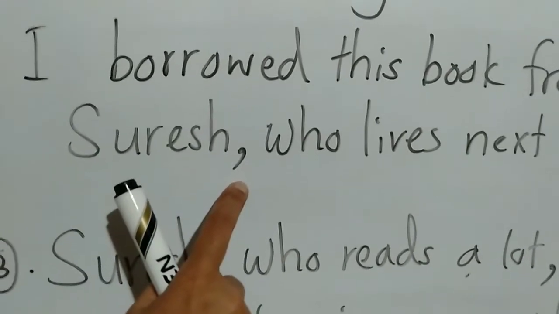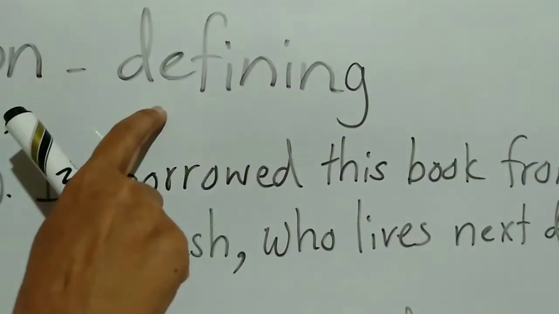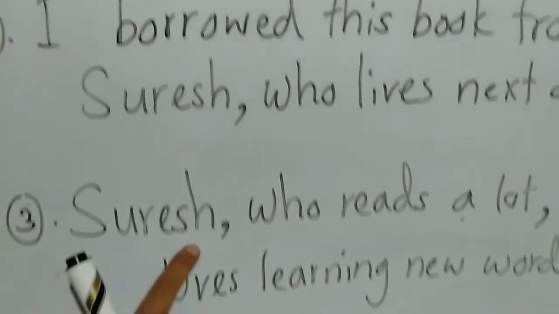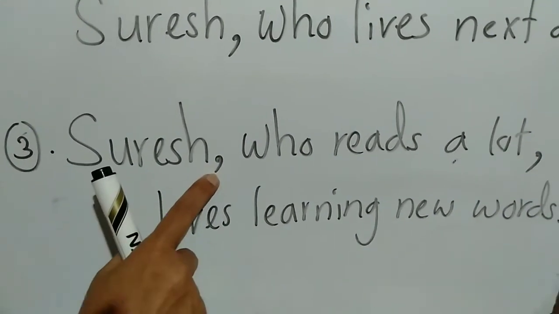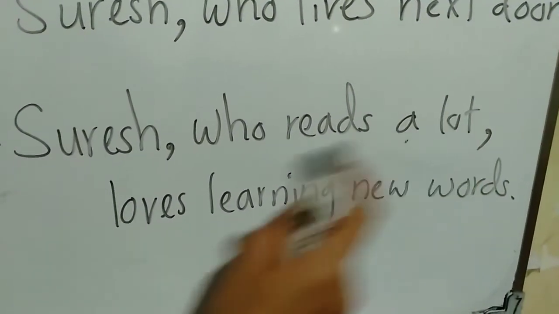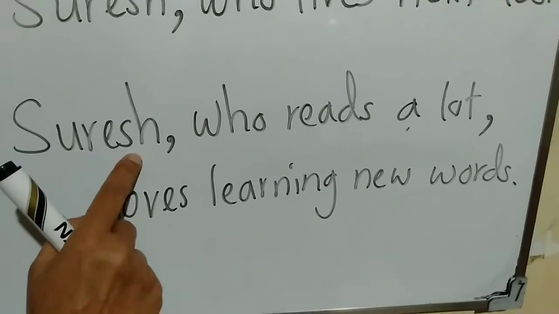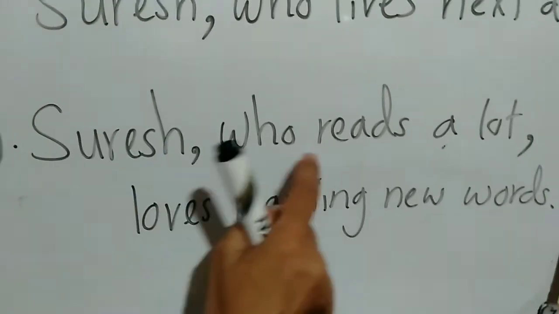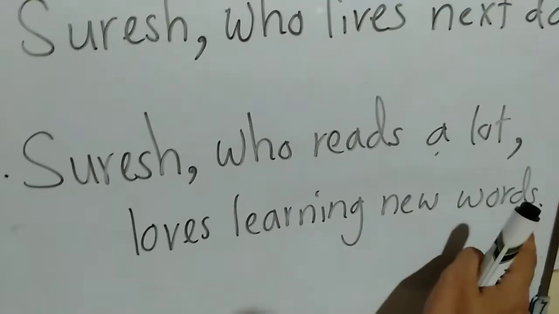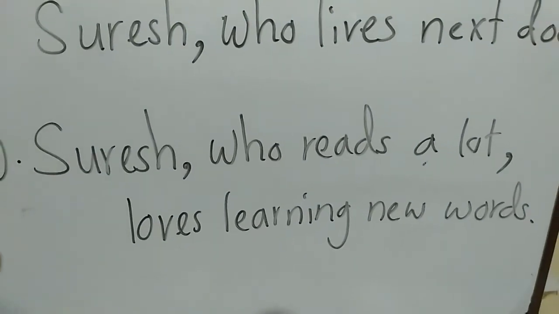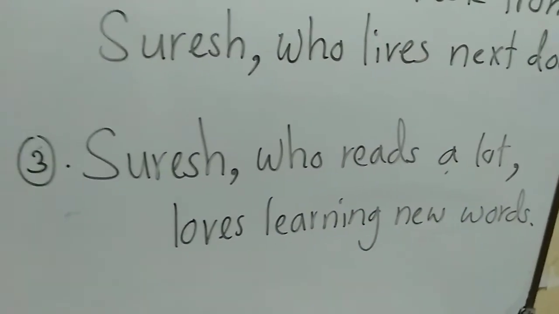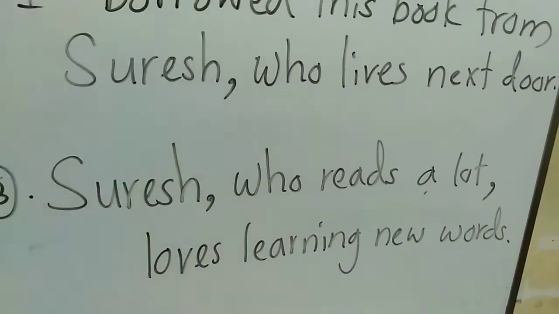This is special, you know, put in a comma for a non-defining clause. Next, Suresh, comma, who reads a lot. Relative clause, to separate we put a comma again. The person, comma, who reads a lot, comma, loves learning new words. I think you have understood it. To separate the relative clause, we want to put a comma in a non-defining relative clause.